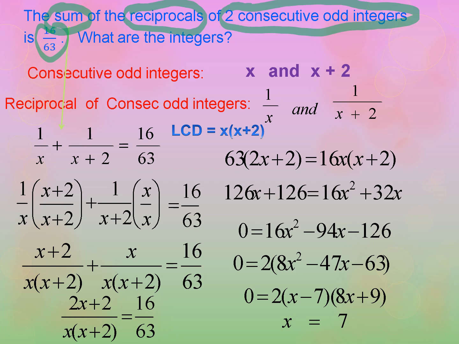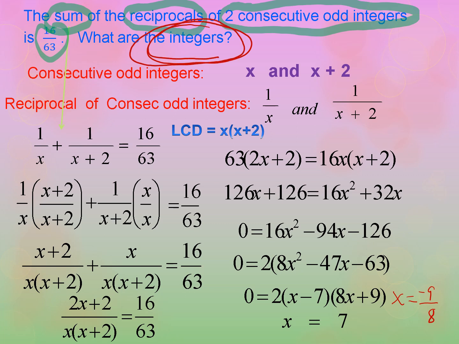Now, you may be wondering, well, why can't negative 9/8 work? Because right here is where I got x is 7, and then here I got x is equal to negative 9/8. And you're like, well, why can't we use negative 9/8? Look at the key word up here.